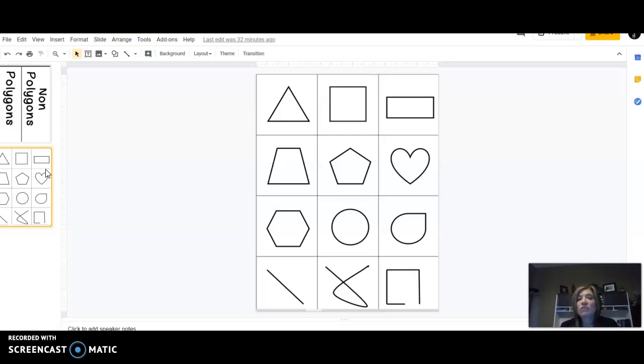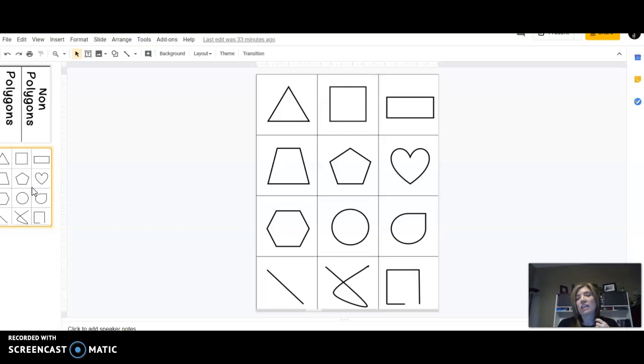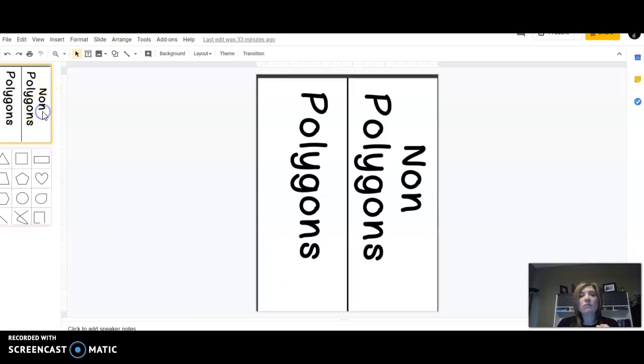So the next page has the shapes. Now, here's what you're going to do. You can print both of these pages out and then cut and paste the shapes under the appropriate heading, or you can write polygons and non-polygons on a piece of paper and then draw each of these shapes under the correct heading. So if you are printing this out, here's what you will do.